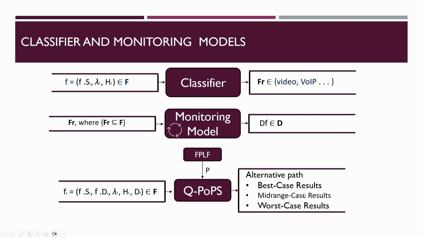The output consists of three solutions: best case, mid-range case, and worst case. In the first one, we keep the same power level while improving the quality of service of real-time flows. However, in the second and the third one, we will increase the power consumption to meet the quality of service requirement.